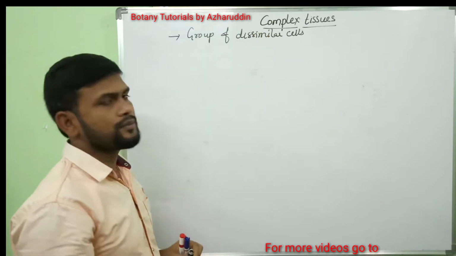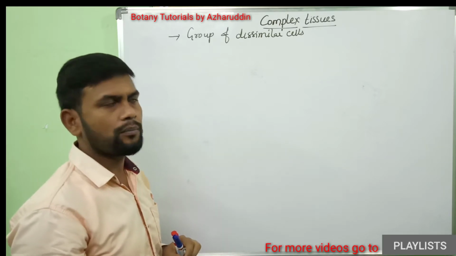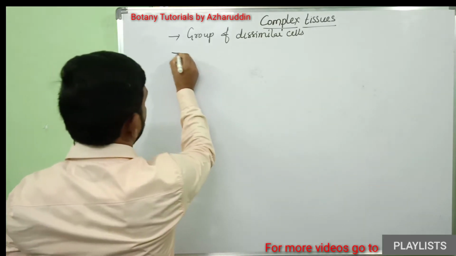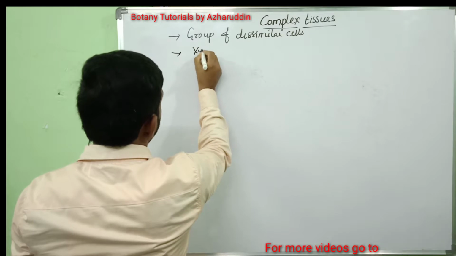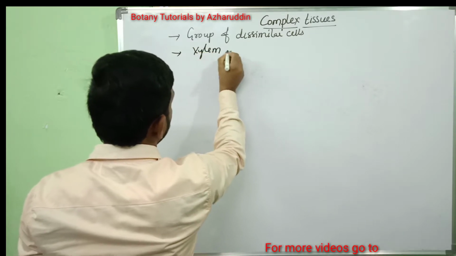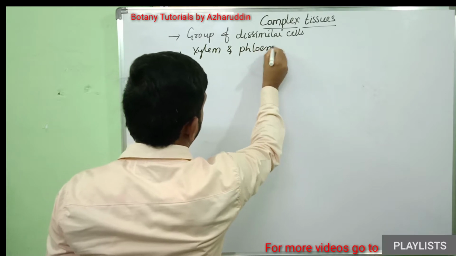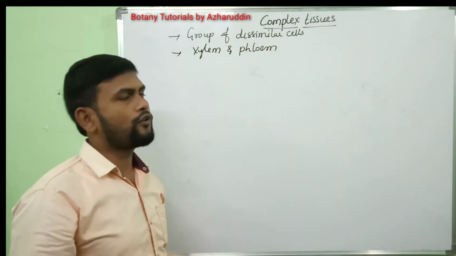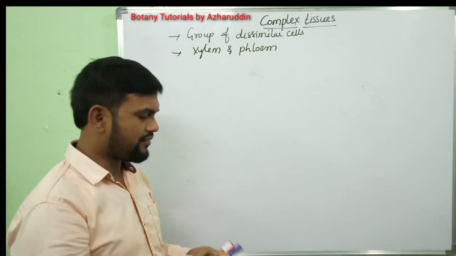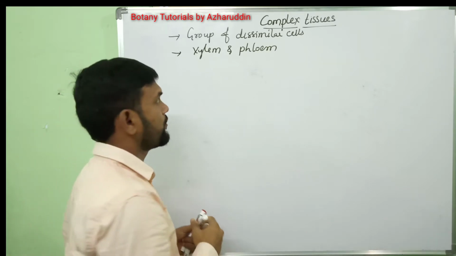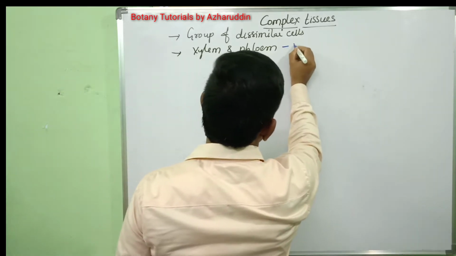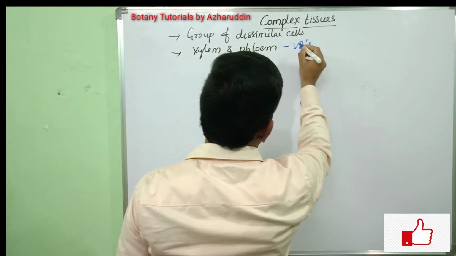In plants, mainly two types of complex tissues are found. They are xylem and phloem. Xylem and phloem are present in the vascular bundles.